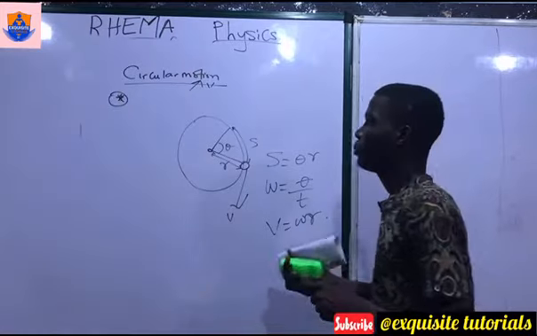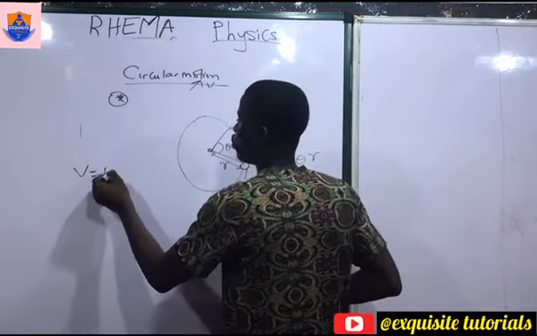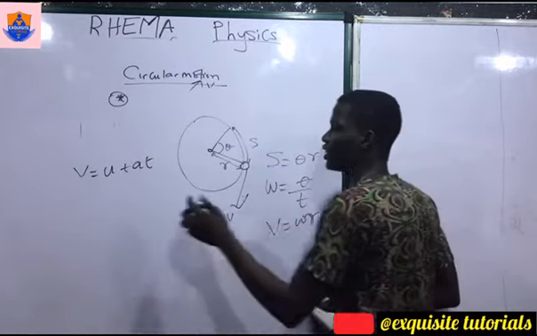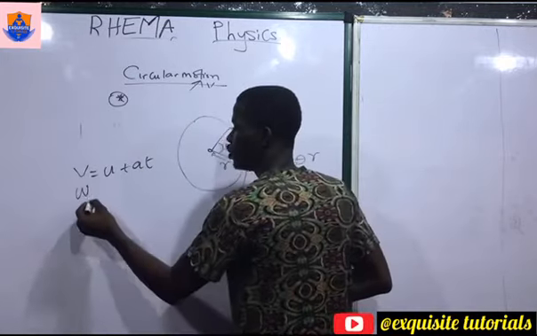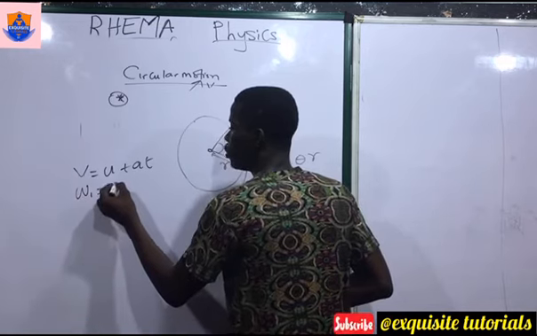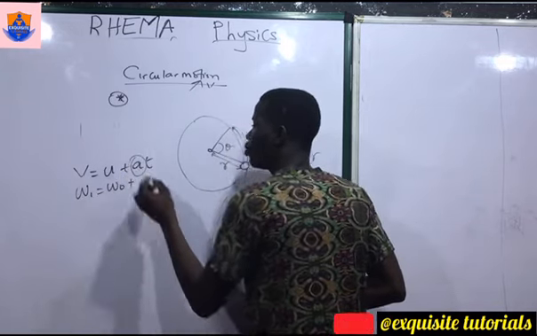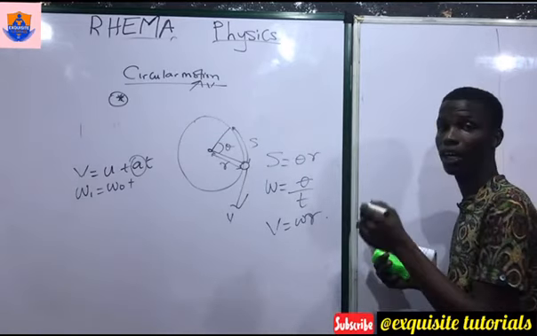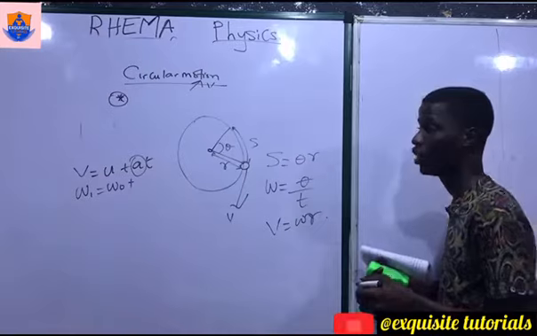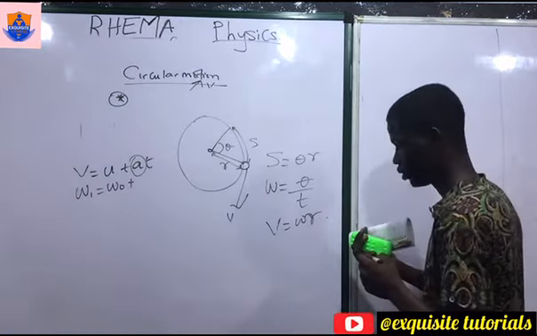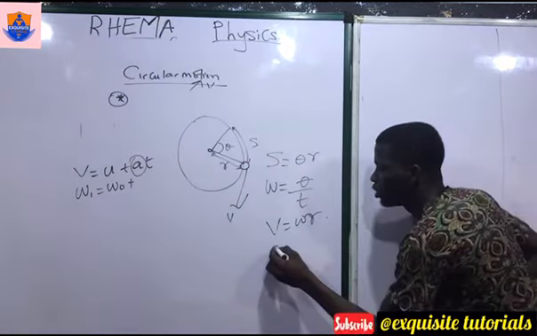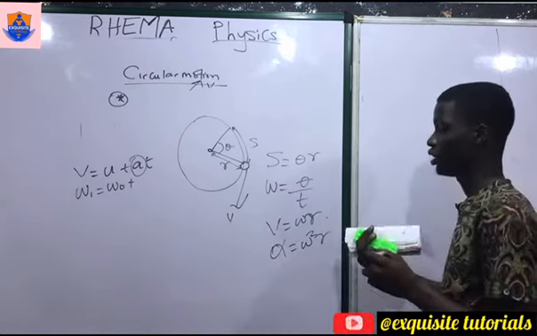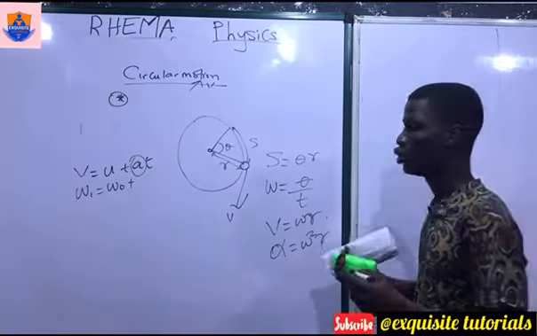So now remember that v is equal to u plus at in linear motion, one equation. In this case it will be w1 is equal to w0 plus alpha t, where alpha is our angular acceleration. I didn't bring out the formula for calculating angular acceleration, so this is the formula you use whenever you want to calculate it.